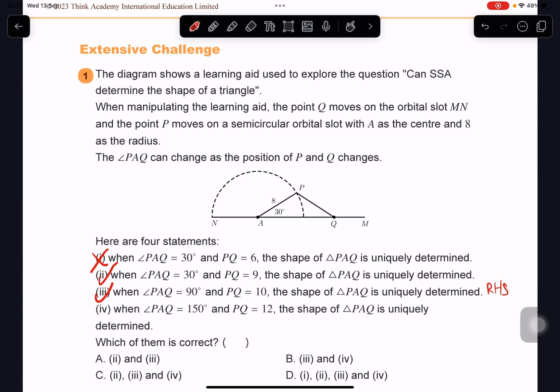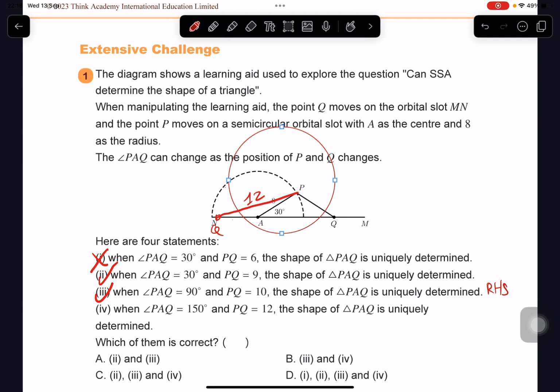And then when PAQ is 150 degrees, it means that Q is on this side, and PQ is 12. So you can say that it is also unique because if you draw a circle around, I'm just going to use the circle function there.